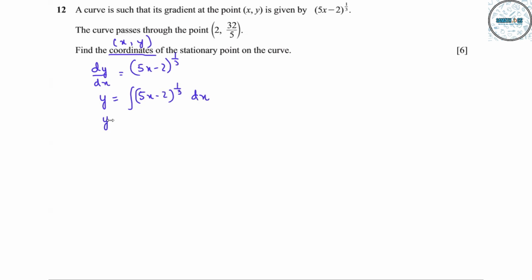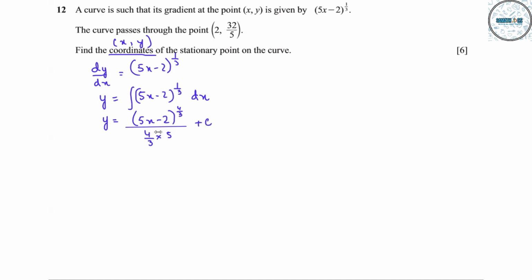So y is equal to 5x minus 2 with power 4 upon 3, 1 upon 3 plus 1 will be 4 upon 3, divided by 4 upon 3 by 5, plus c.